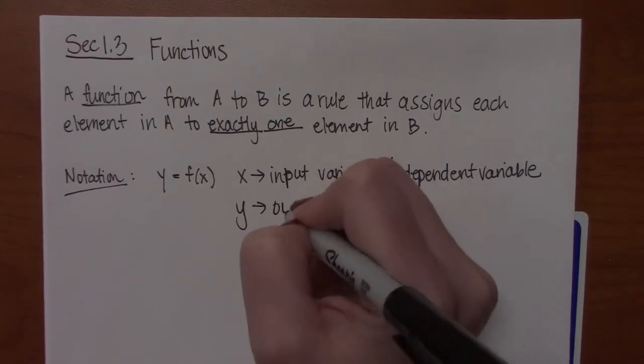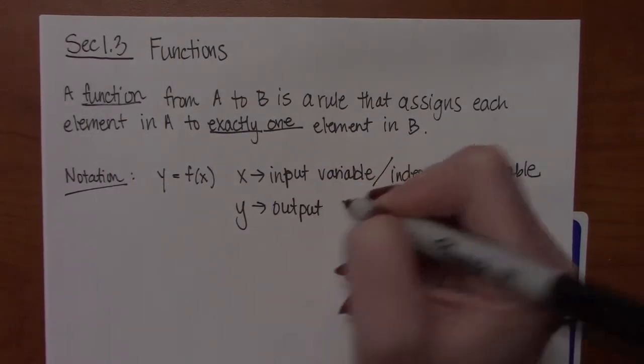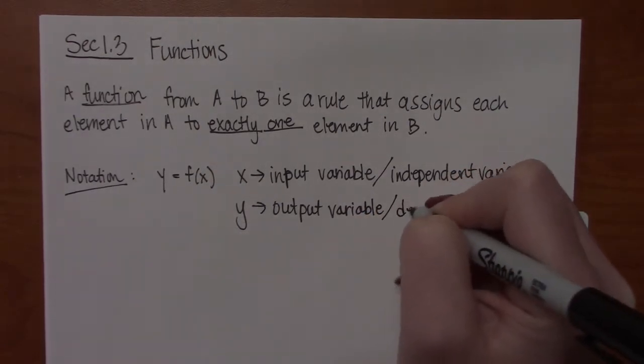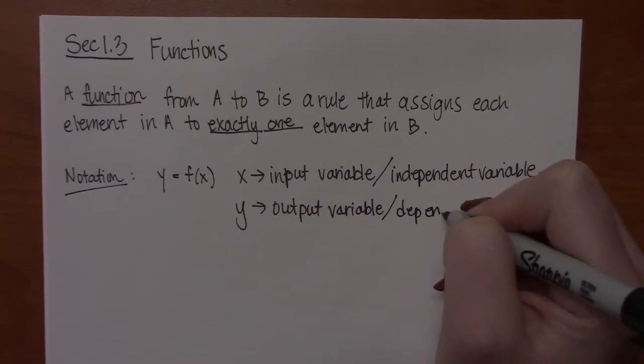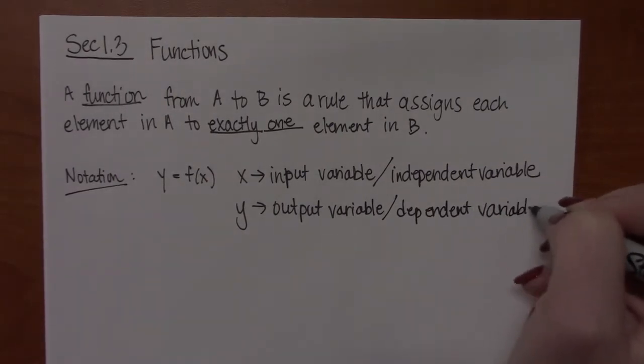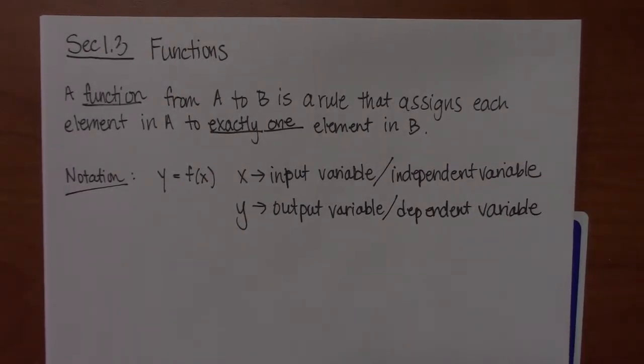Y is going to be the output variable, and that's also called the dependent variable. If you think about this in terms of everyday vernacular, if something's independent, it doesn't depend on anything else. It just kind of does what it wants.